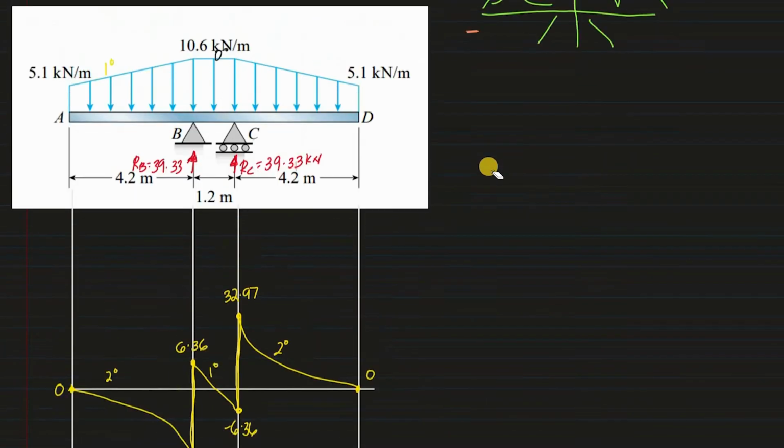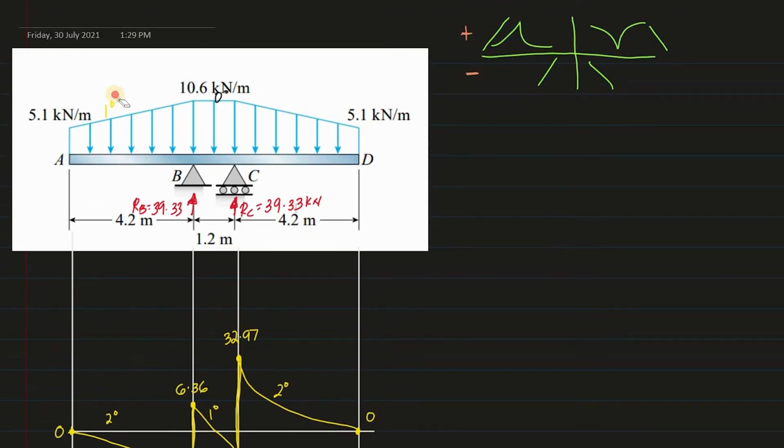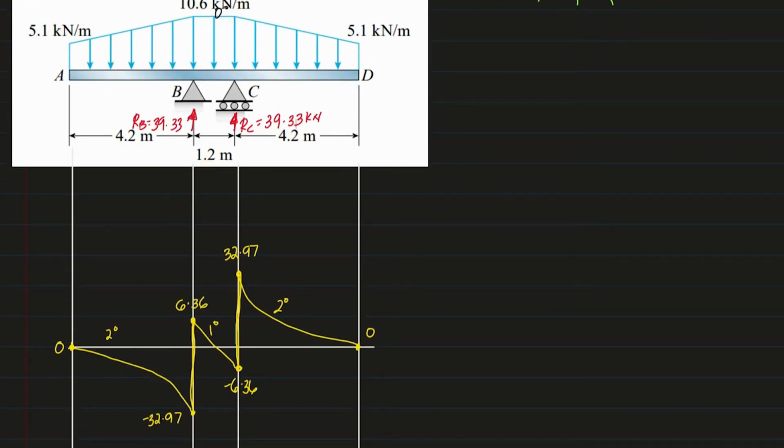Kasi, kapag triangular loading, ang ating slope at 1 point could be equal to 0. That would be the maximum point. Pero, dito sa situation natin wherein meron tayong trapezoidal loadings, neither of these 2 points contains the maximum point which has a slope of 0.